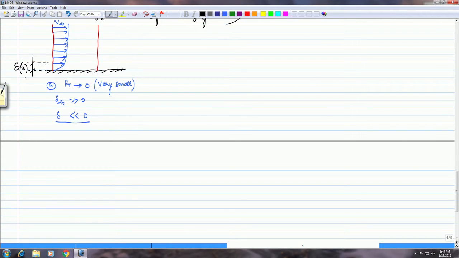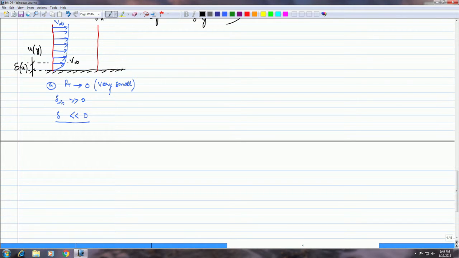It is in this region basically that we have this. And right after this, the velocity here is again v infinity, right? So as you can see, delta x is very small.